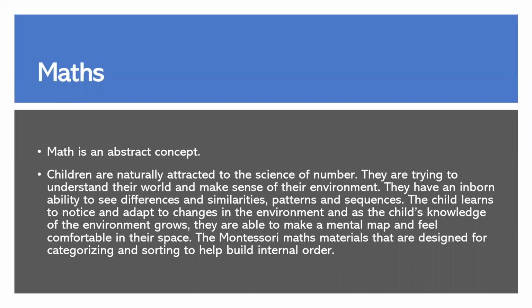So when we're introducing, for example, a child to the decimal system, 1 unit, 10, 100, 1000, this is the concrete experience. The child is actually feeling the golden beads and experiencing what they feel like, what they look like. This is sensorial learning. That's the concrete, and then we move on to the abstract, which is the actual written numbers.